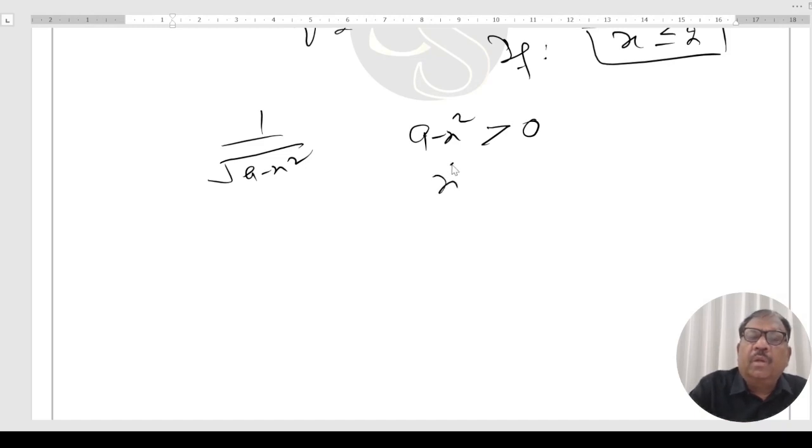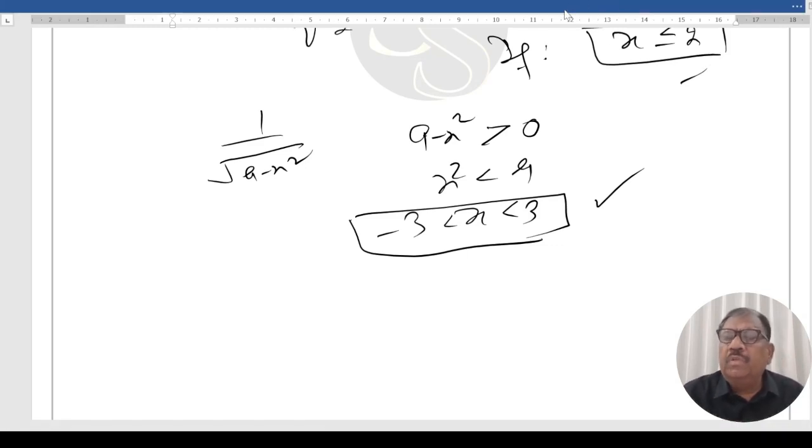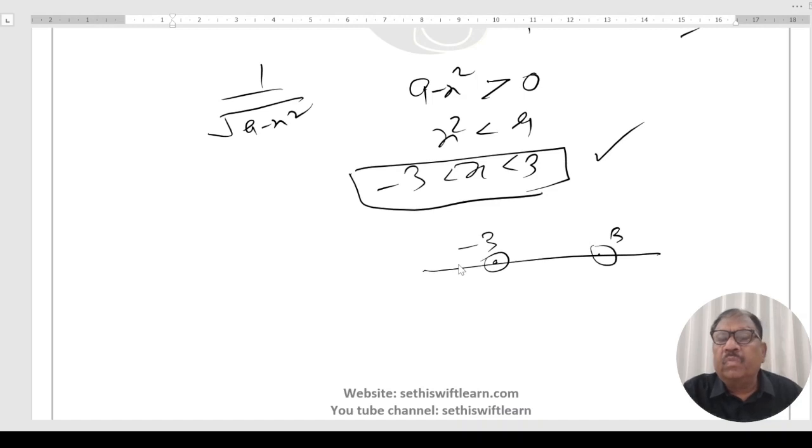So x square less than 9, x less than 3 and greater than minus 3. One is this answer, one is this answer. Now we have to conclude what satisfies both the conditions. Minus 3 to 3 is the open interval.